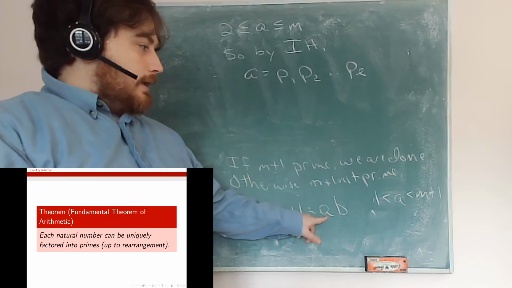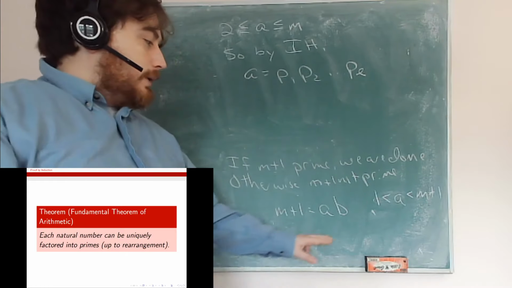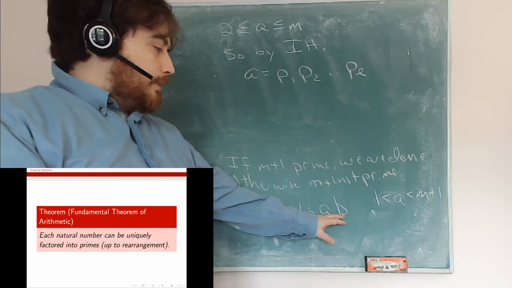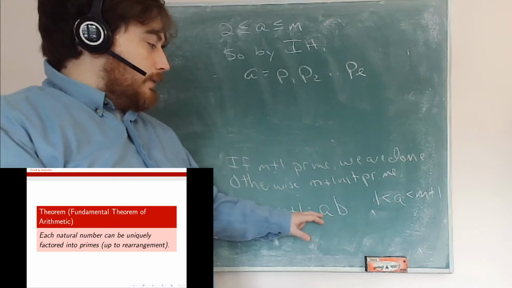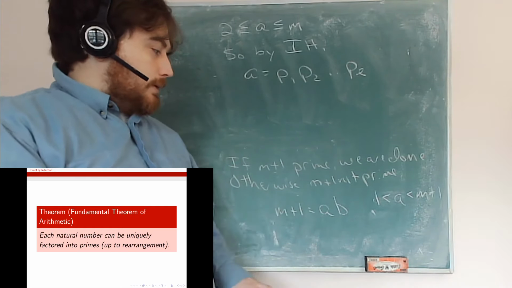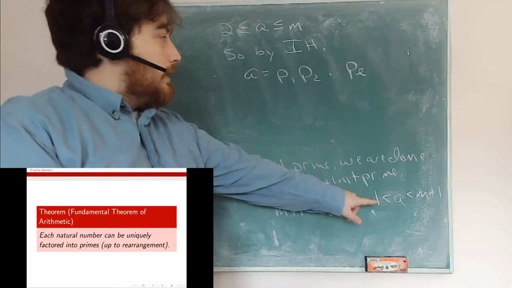Since a is bigger than or equal to 2 and less than or equal to m, b will also have to be in that range. Because if b is, say, m plus 1, that would force a to be 1, which is not true. And if b is 1, then a would be m plus 1, which is not true. So b has to be strictly between those.